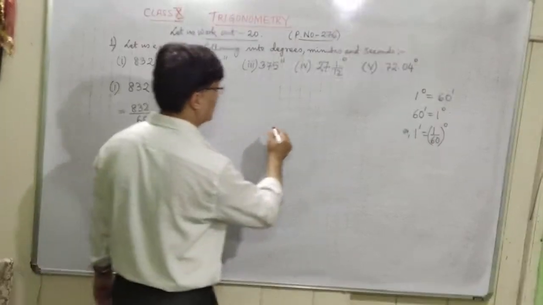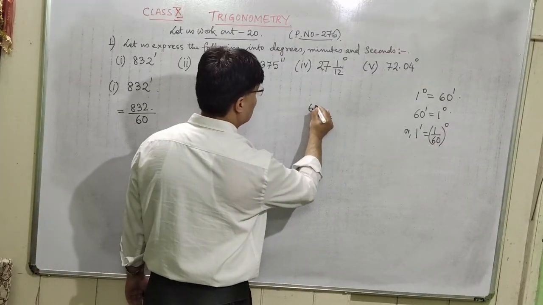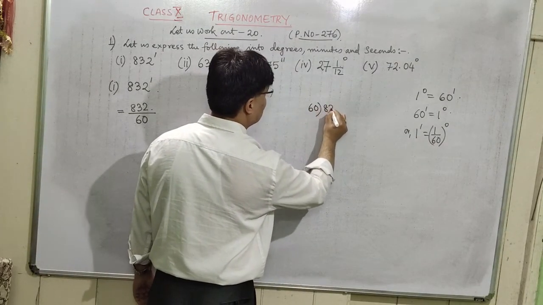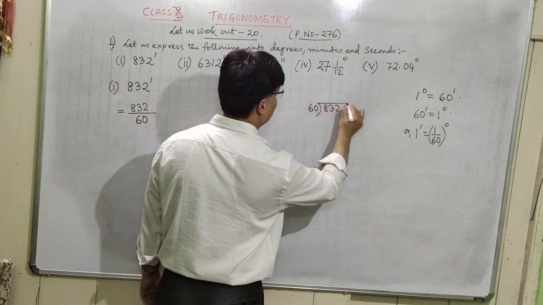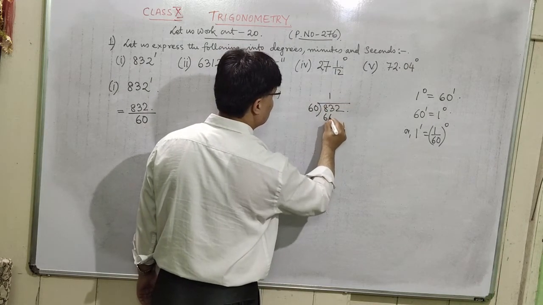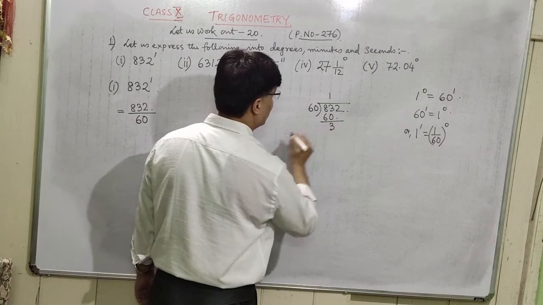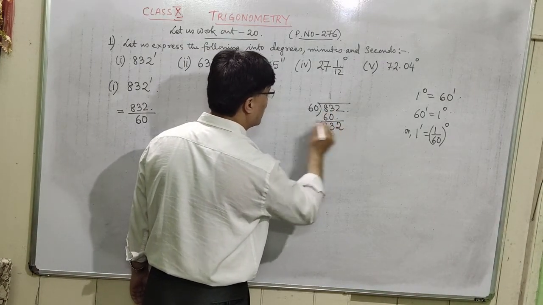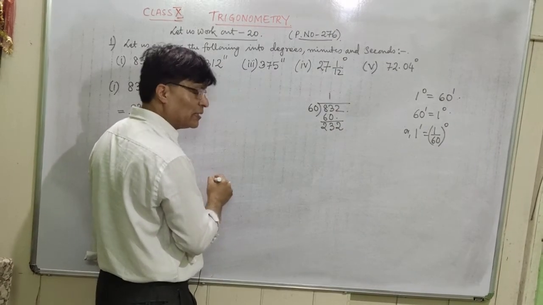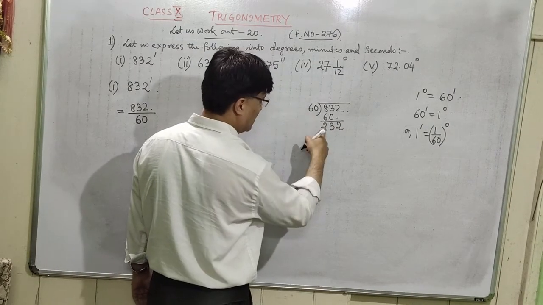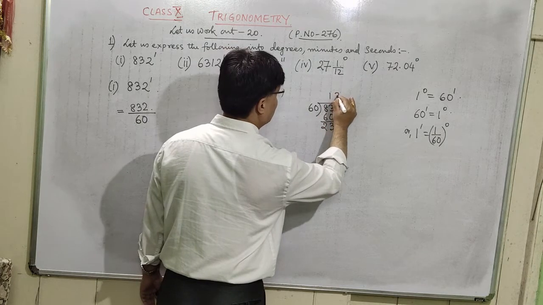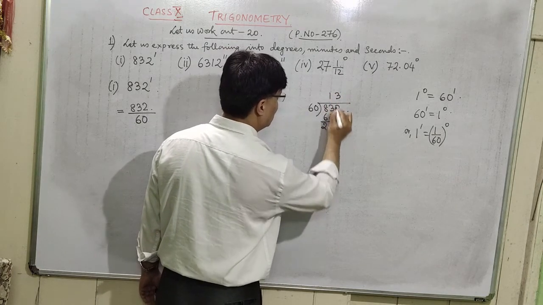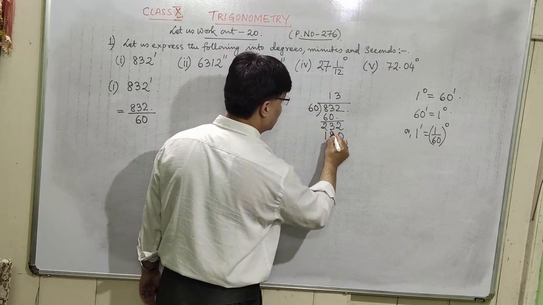So let us divide it. 832 is divided by 60. 6 ones are 6, so it is 3. So 8 minus 6 is 2. Now comes 2 out here. Right? So next, it goes 3 times. 3 zeros are 0, 3 sixes are 18.